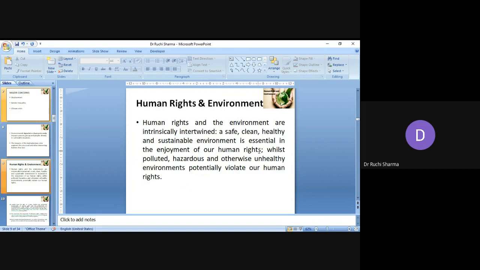We have the right to a safe, clean, healthy, and sustainable environment, and this comes under our enjoyment of human rights. Whereas living in polluted, hazardous, and otherwise unhealthy environments violates our human rights.